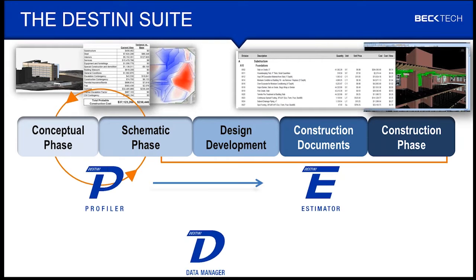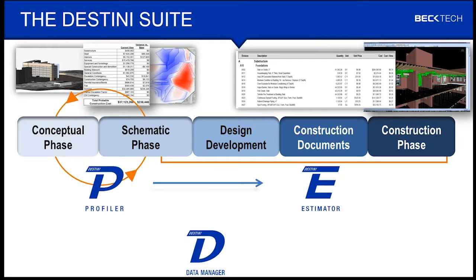At some point, the project gets to a go or no-go decision. Assuming it gets to a go decision, we have another product called Destini Estimator, which, as the name implies, is an estimating solution. Estimator was developed in partnership with Sunt Construction, one of our larger, more active customers. Estimator can take outputs from Profiler as the starting point for an estimate, or the user can create an estimate directly inside the Estimator product, or import an estimate from Excel into Estimator.